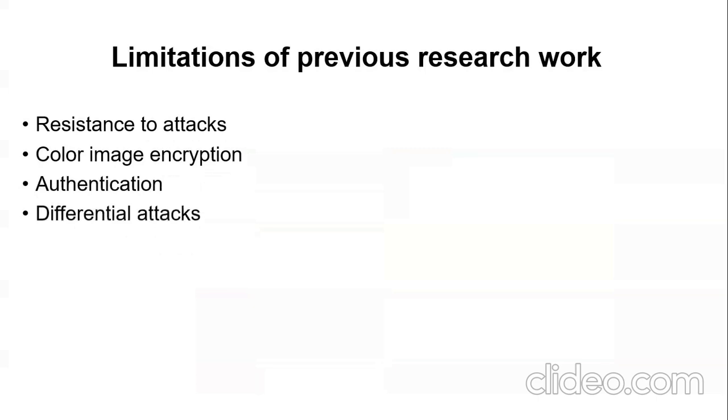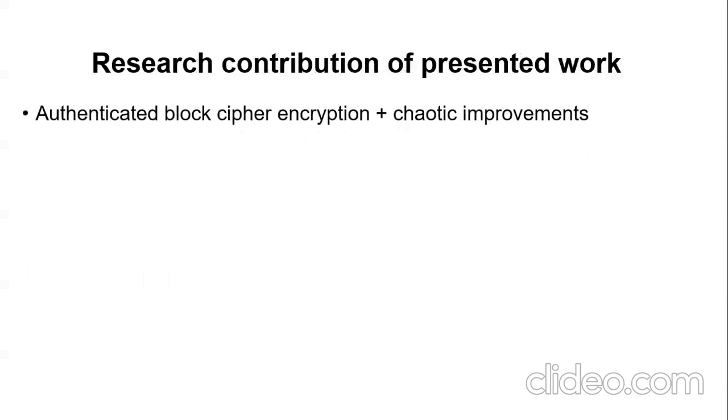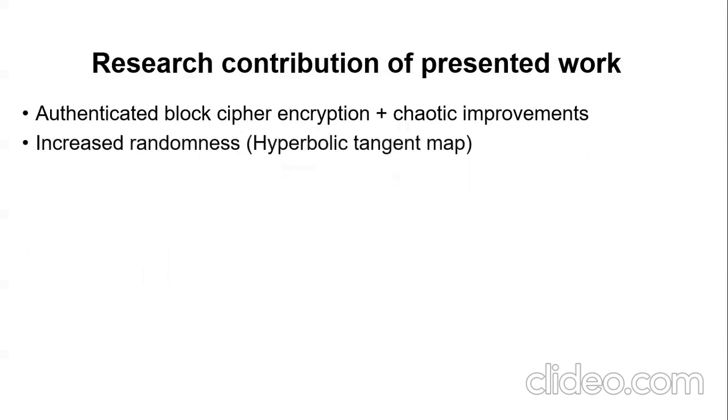The initial conditions of chaotic maps do not depend on the input image, which makes the system weak against differential attacks, loss of image attributes, and if the histogram of the encrypted image is not uniform, then the security against statistical attacks will be hampered.